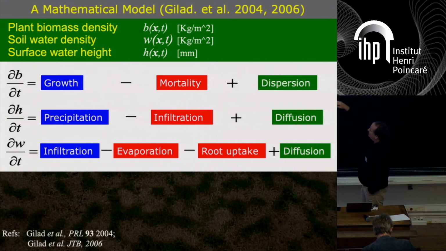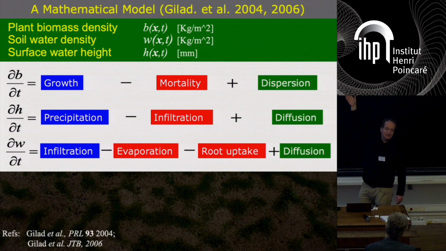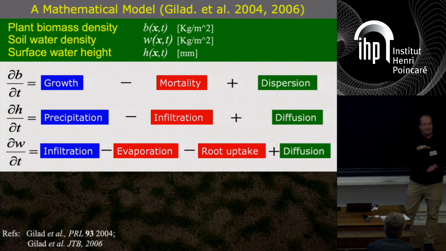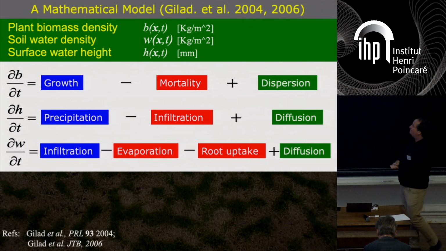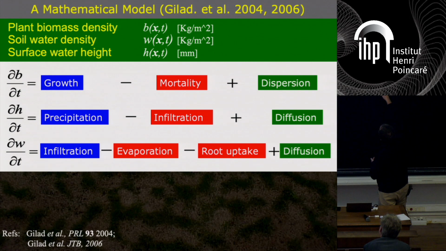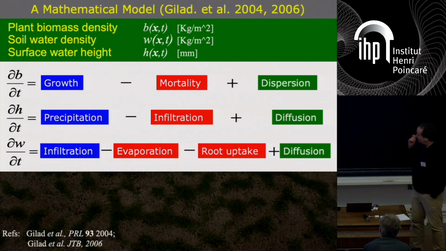You have an overland flow variable, H, that would be the water standing above the ground. And then finally, you have a variable expressing the biomass density of your vegetation. So you have only these three elements. And you combine them in a PDE because those dispersion terms will be diffusion terms. And so basically, what you have is a system of three partial differential equations.